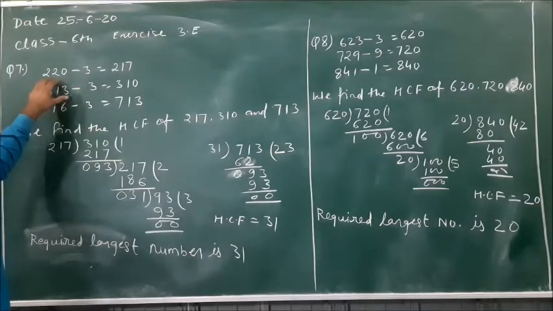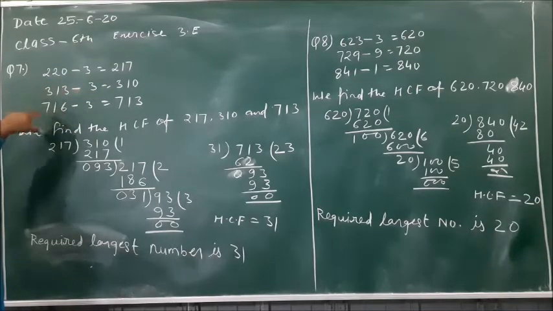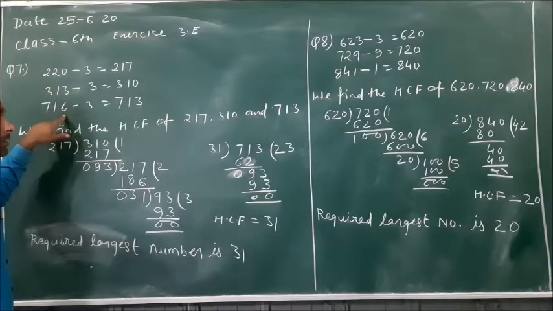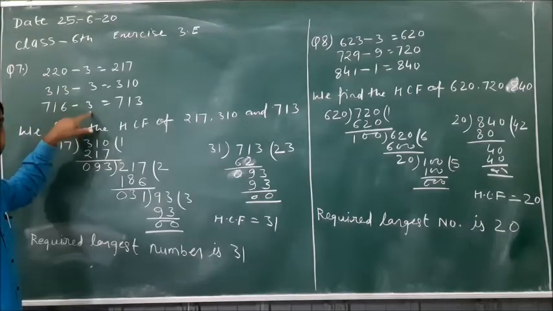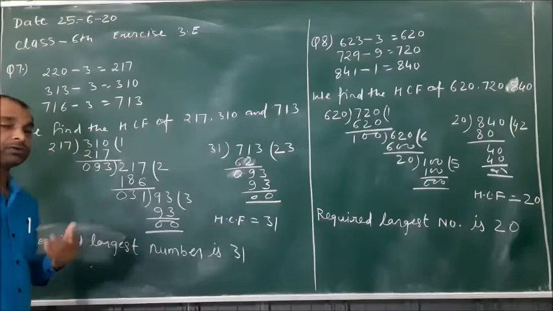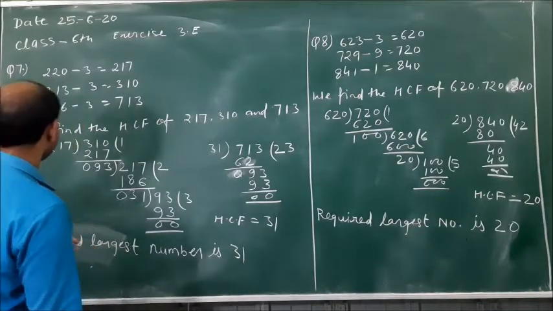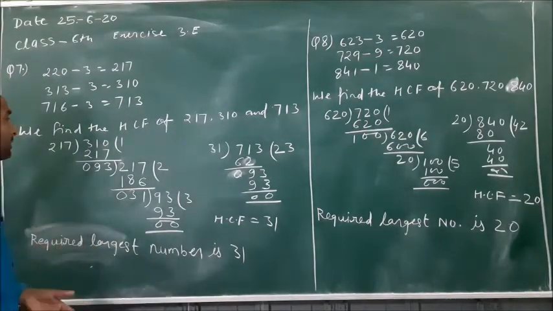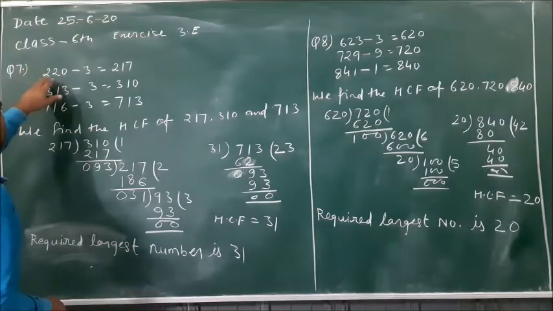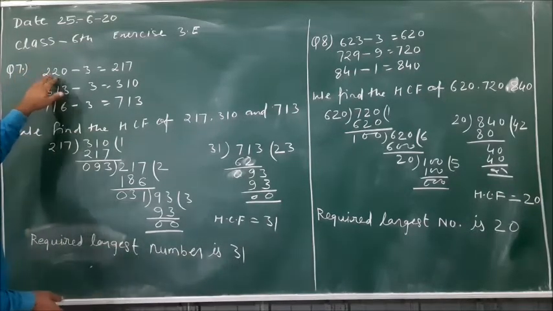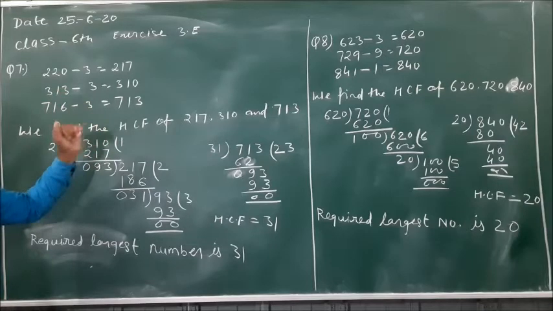When we divide 313, the remainder is 3. When we divide 716, the remainder should be 3. How do we find the divisor?